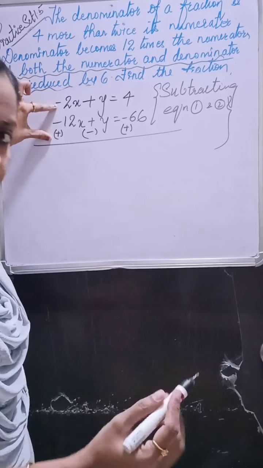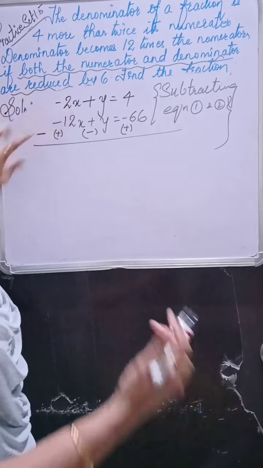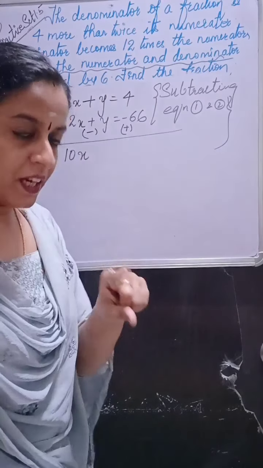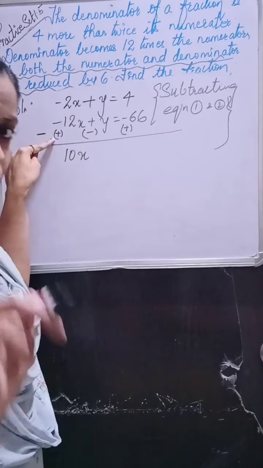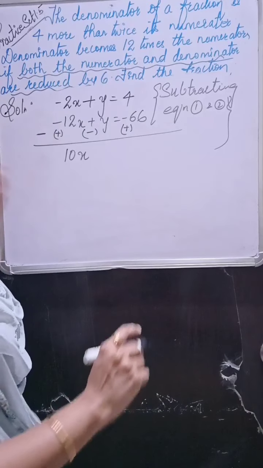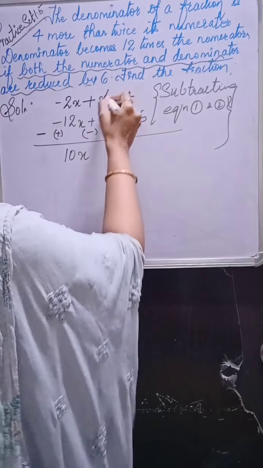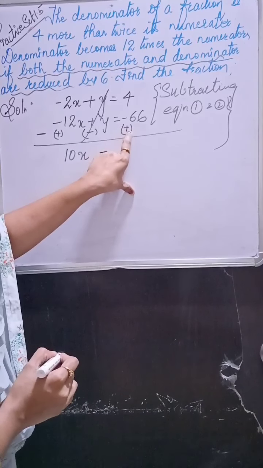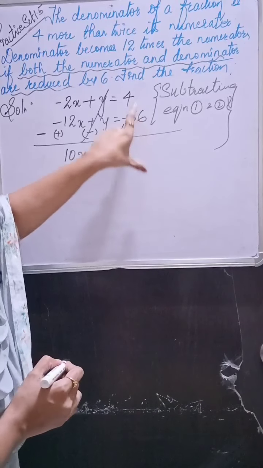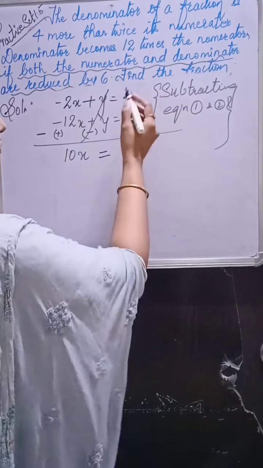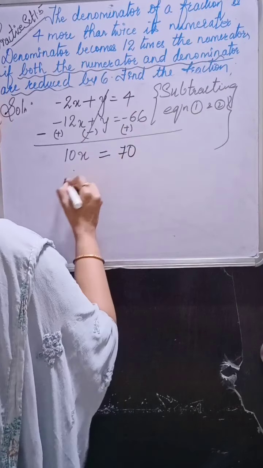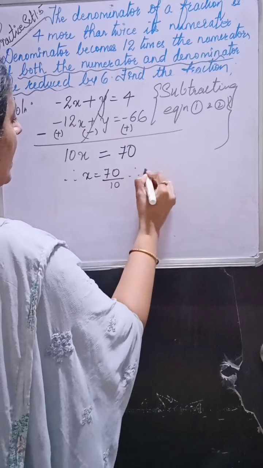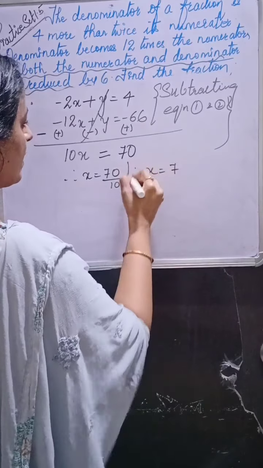Minus into plus is minus. 12 minus 2 is 10x. 12 is the greater number, and the new sign you have to consider is plus. Plus y and minus y will get cancelled, which is equal to 66 and 4. 66 plus 4 will be 70. So therefore x is equal to 70 upon 10. X is equal to 7.